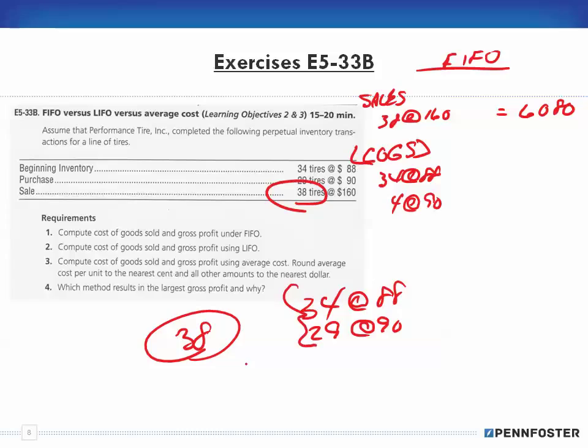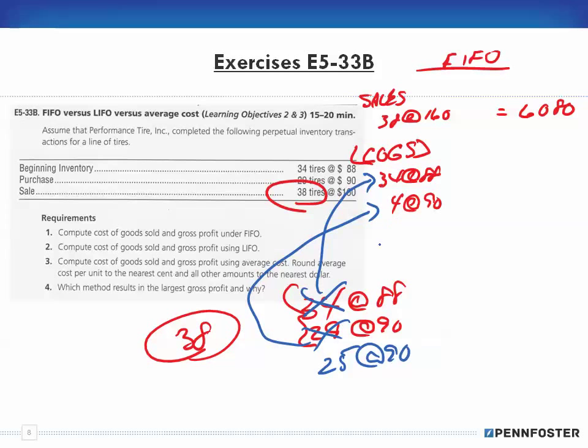We're using the first in, first out method. So we're taking these 34 out, and we need to take 4 more out because 38 minus 34 leaves 4. So we take out 4 at 90, which means we would still have remaining in our inventory 25 at 90.